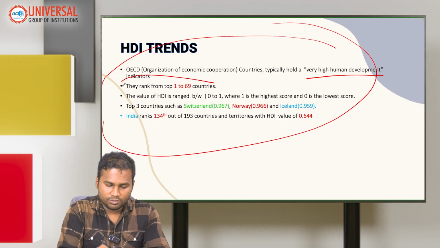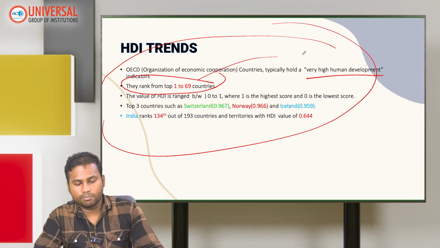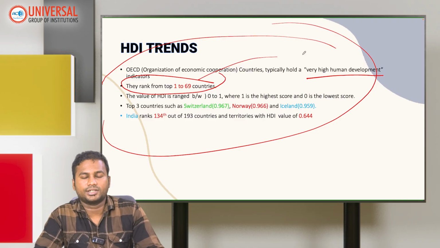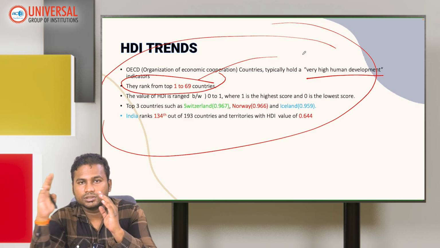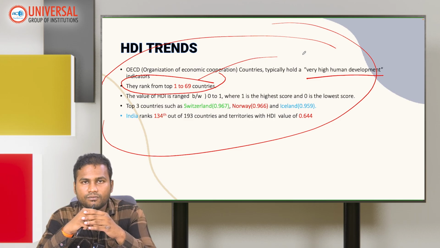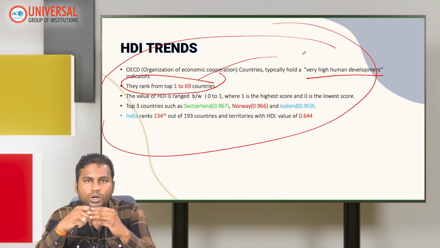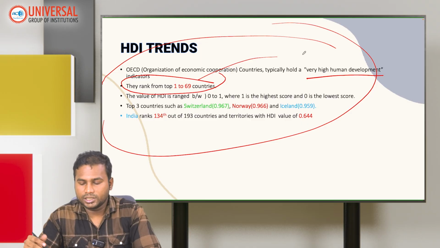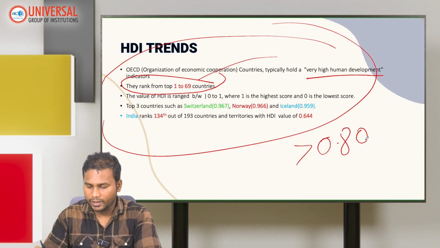Countries with very high human development rank from 1 to 69. HDI is calculated from 0 to 1. The countries whose score is closer to 1 have very high human development, which is more than 0.8.